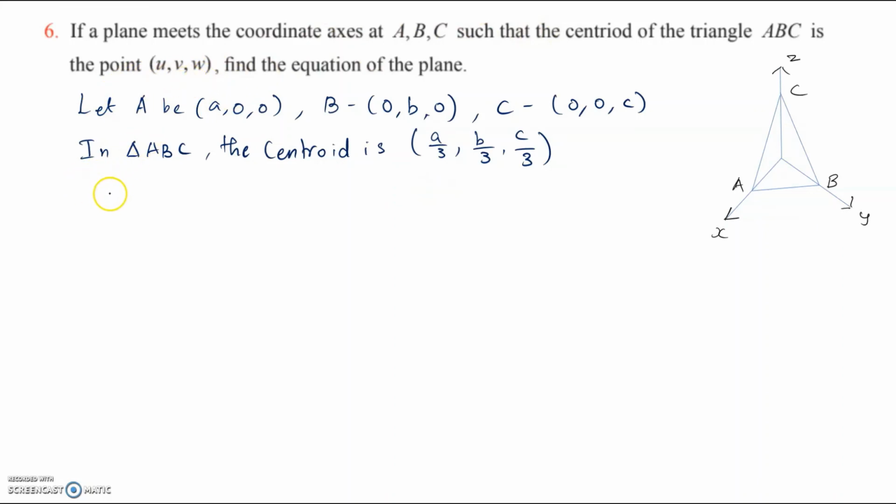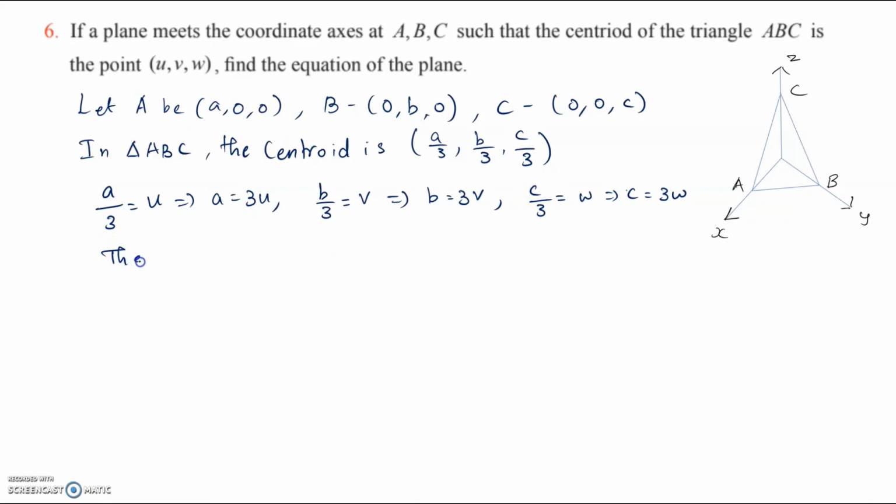Therefore, a by 3 is equal to u, which means a = 3u. Similarly, b by 3 is equal to v, which implies b = 3v, and c by 3 is equal to w, which implies c = 3w.